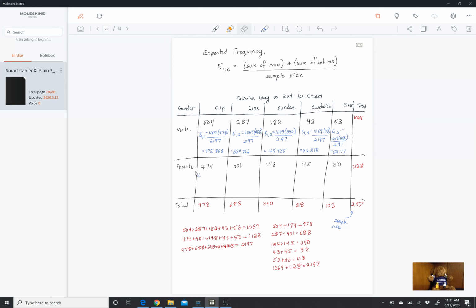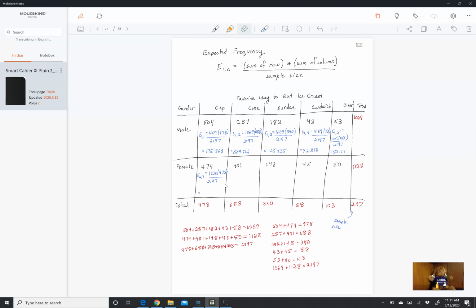This one, now our first number is a 2 because we're row 2, column 1. And in this one, the sum of the row is 1128. And now it's the 978 that stays the same from here to here, right? That's the same. We still divide by 2197.